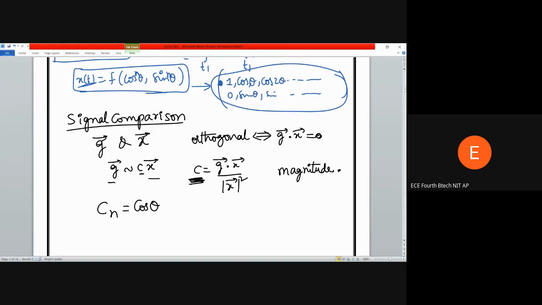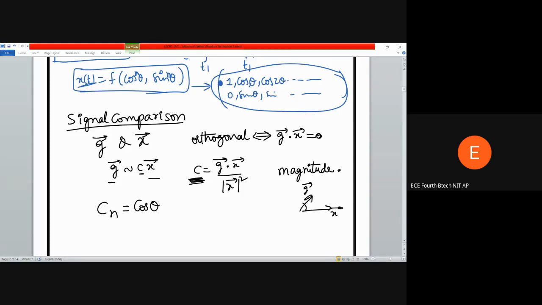It depends upon the angle between the two vectors, g bar and x bar. Whether the magnitude of the vector is 100 or 1000, it doesn't matter. Your similarity index should not include the magnitude. If it does, it's not an appropriate measure of similarity between two vectors.